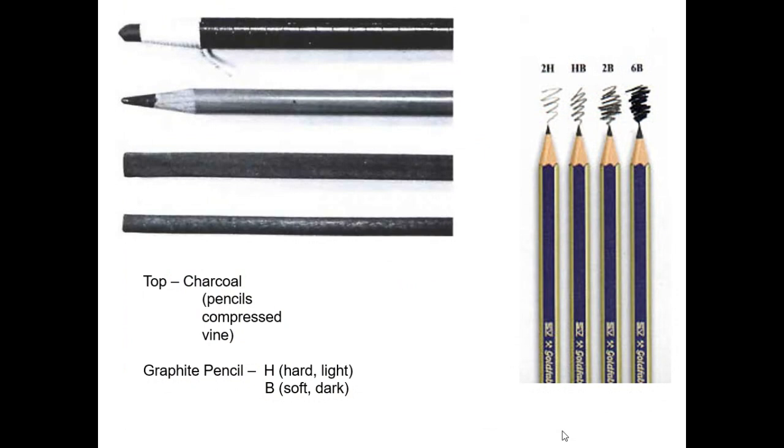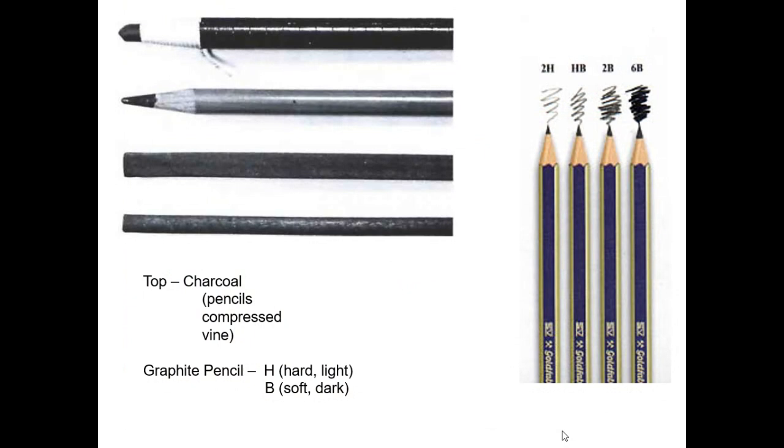It can either be in a more raw state, like the examples toward the bottom, or it can be contained in pencil form. The top two examples are types of charcoal pencil. The square piece that's been subjected to pressure is your compressed charcoal, and the round cylindrical form, very light and unable to make very dark marks, is your vine or willow charcoal.